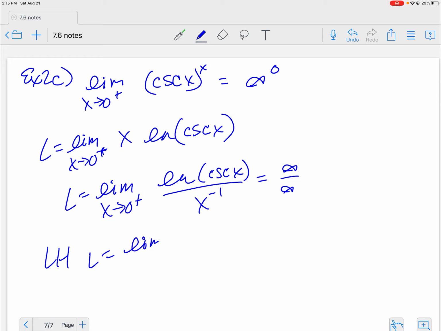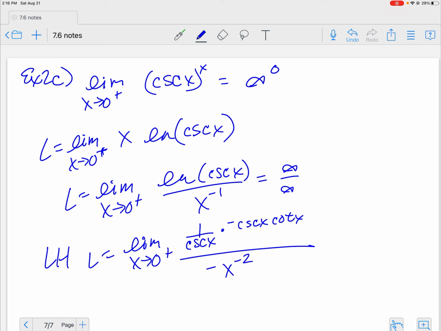So L is equal to the limit as x approaches 0 from the right. The derivative of the top would be 1 over cosecant x times the inside. And remember, the derivative of cosecant is negative cosecant cotangent, all over negative x to the negative 2. Negatives are my nemesis, so if there's a negative on top and bottom, I'm going to go ahead and cancel those out.